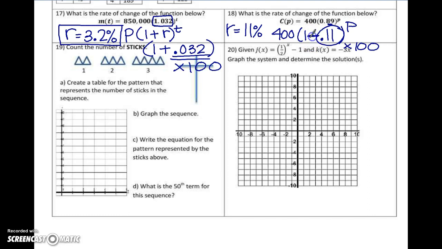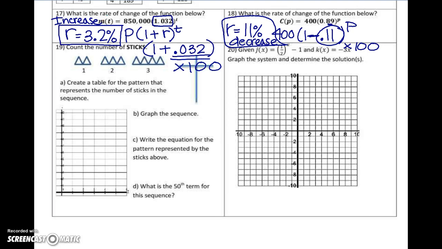But we are subtracting it. This is a decrease. It's an 11% decrease, whereas here it's a 3.2% increase. So the rate is 3.2, and on 18 it's an 11% decrease.